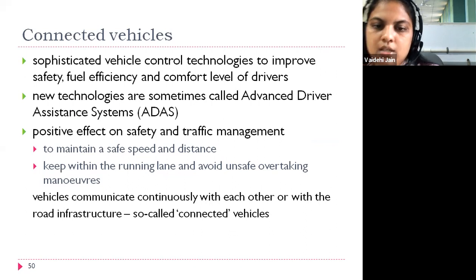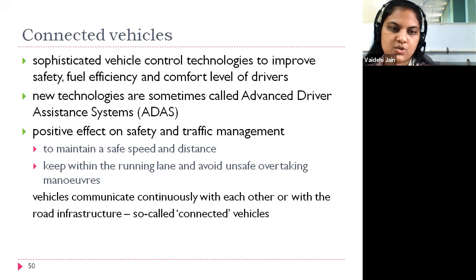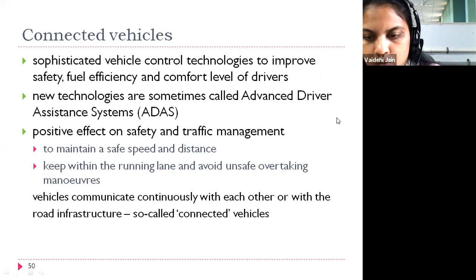By this connection, we can maintain the safe speed and the distance between the vehicles, keep them within the lane, and avoid unsafe overtaking. If the vehicles are connected to each other, then we can provide safe roads and smooth flow over the roadway. So this is the connected vehicle theory.